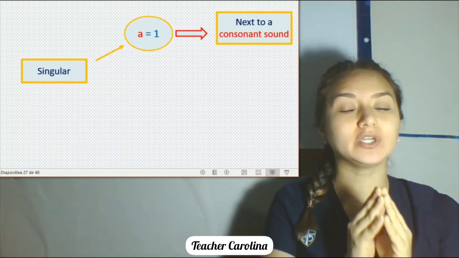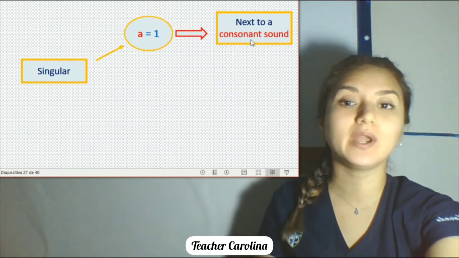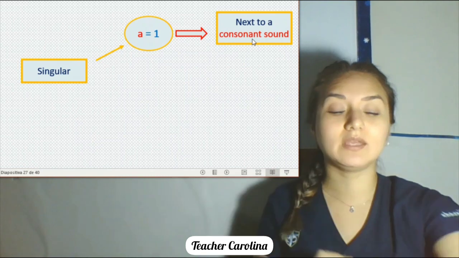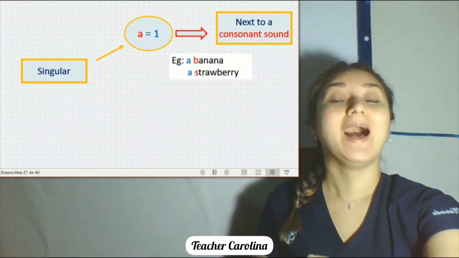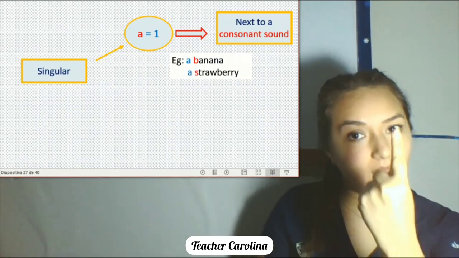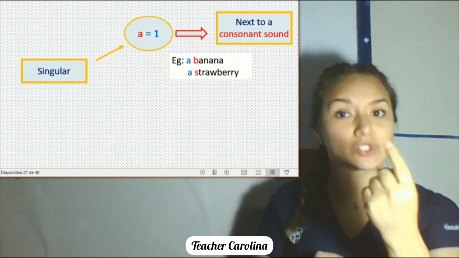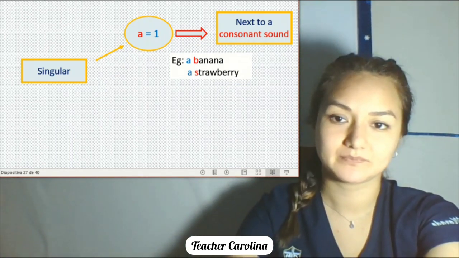You already know what the consonants are, but I'm going to give you an example in here. For example, it says a banana, right? A banana. A strawberry.